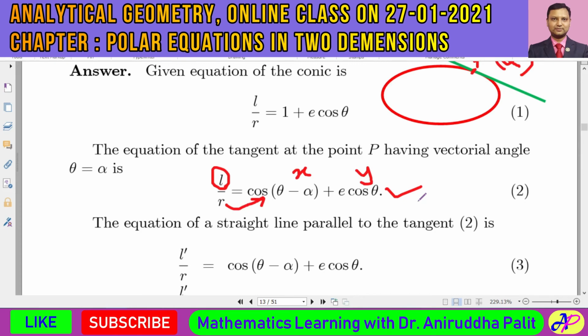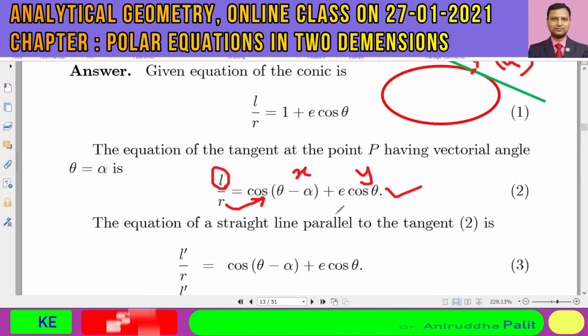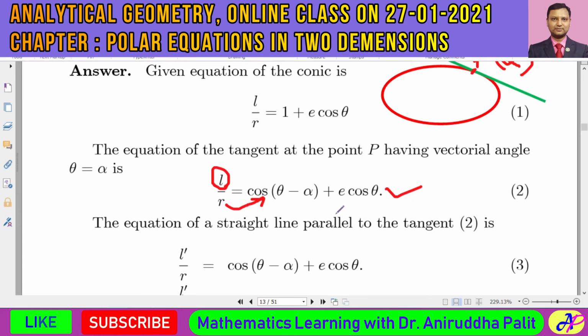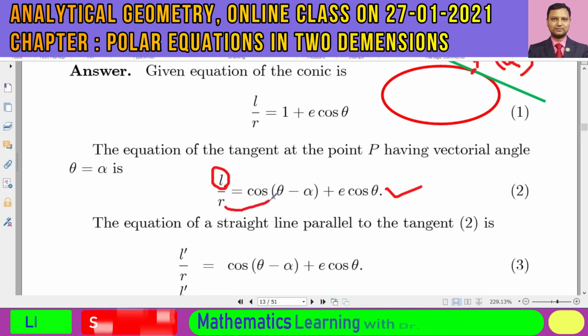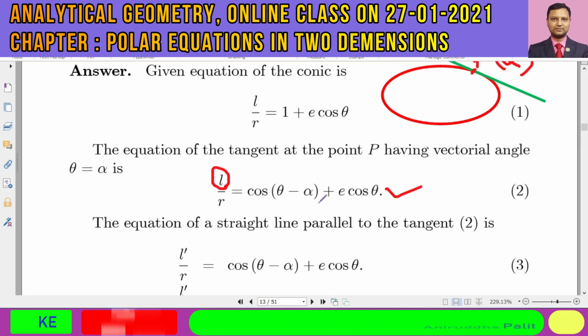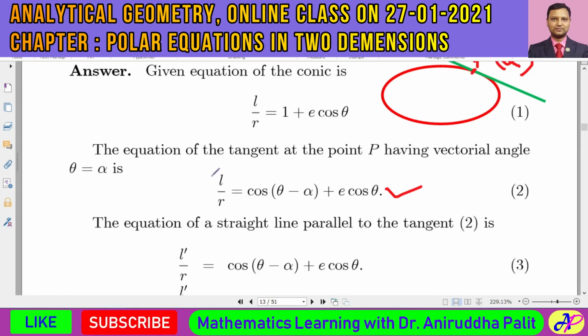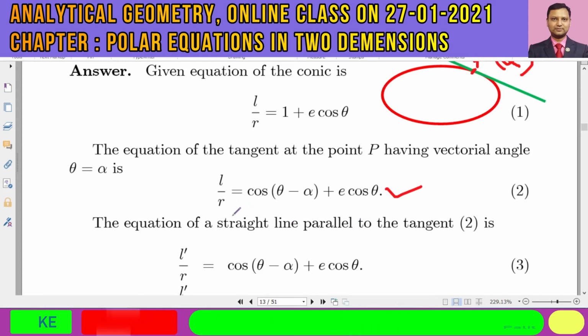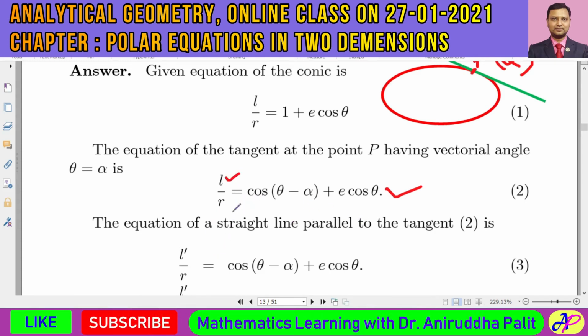So the contribution from terms like x and y comes by multiplication of r with the right hand side, and the contribution of the constant term comes only from this L. Got it? That's why a parallel line will be obtained by replacing this constant L by another constant L prime.